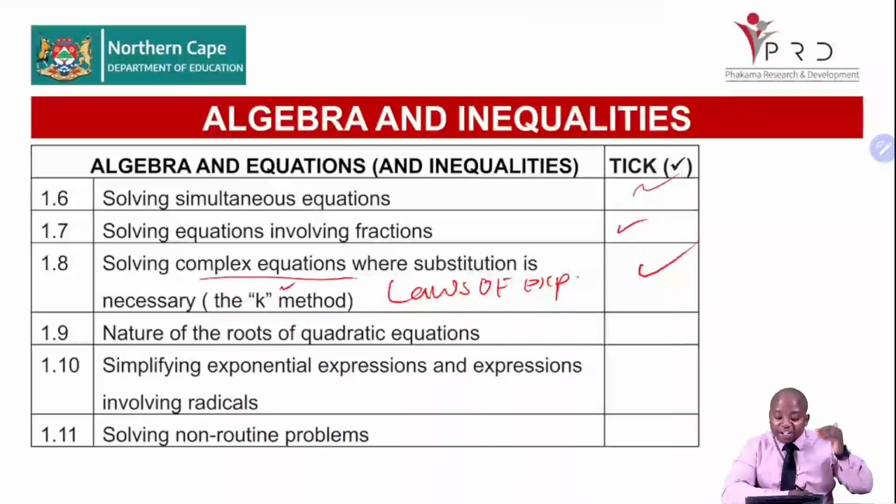This is where I check myself to say, okay, I can apply the laws of exponents where I'm dealing with the K method, or I can work with where I have the radicand, whereby I have a root, and in that root is a variable, then I can make that root and the variable a K, or where our variable is given as an exponent, I can use the K method.